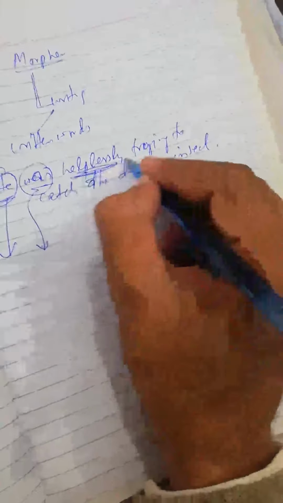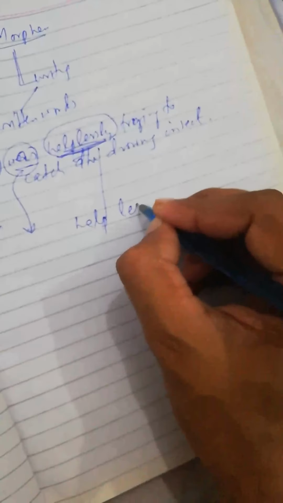Now in this sentence, you can see he cannot be further simplified, and was cannot be further simplified, but the word helplessly can be simplified into three parts. Each part is known as a morpheme.